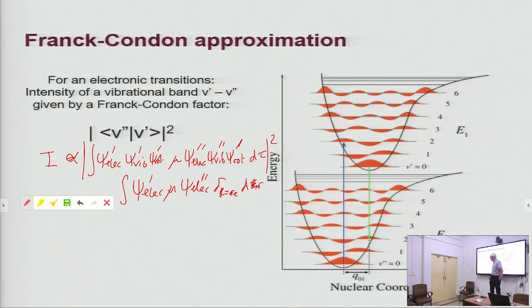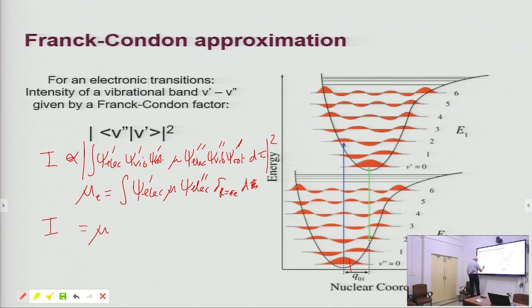So that gives you your transition dipole, which is an electronic dipole. And basically they said it just comes from the single value at equilibrium. So it's the value of the dipole at this point. And then, if you do that, you get I equals that dipole squared times an integral.